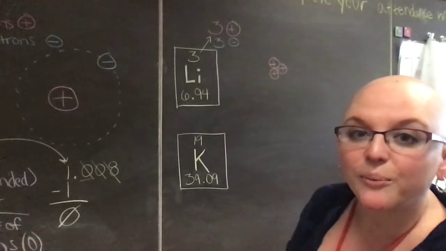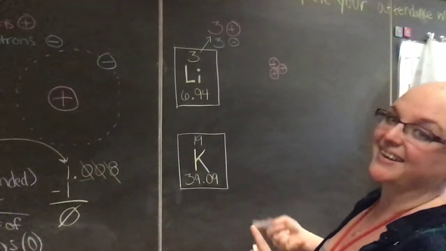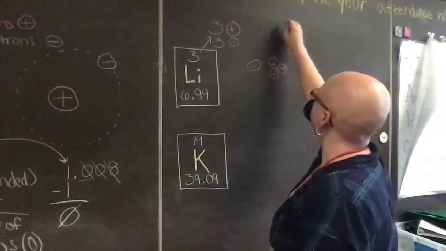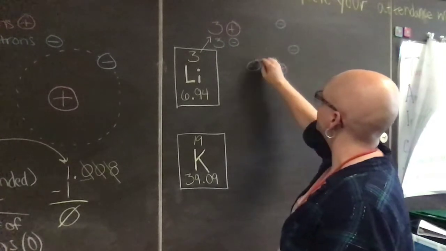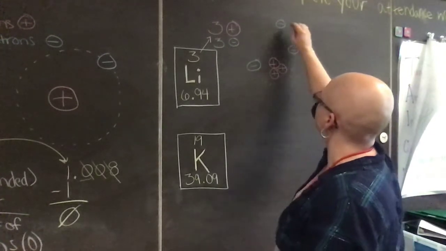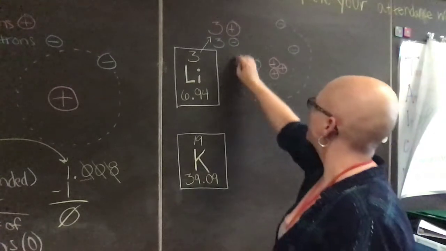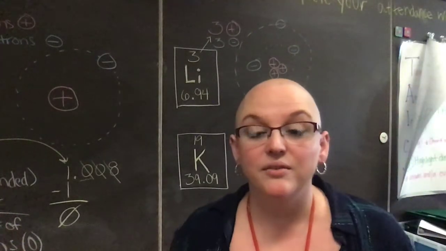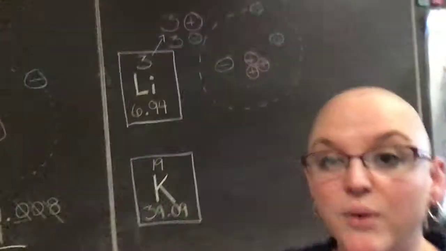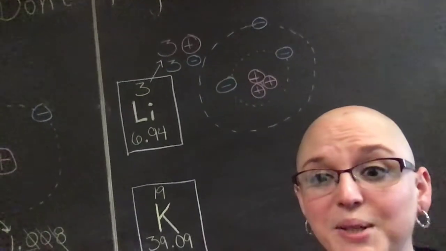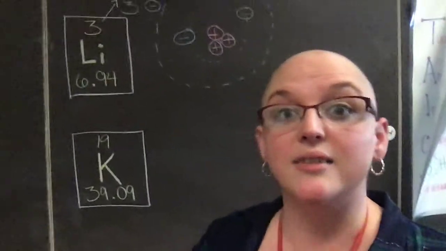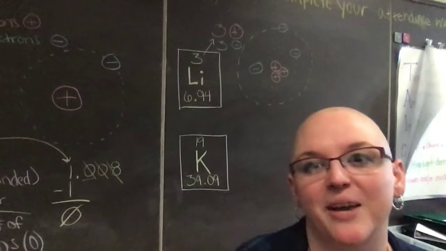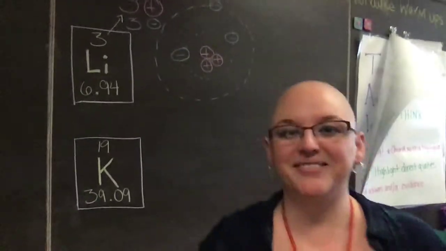And I'll start putting my electrons around the outside in the rings. Ta-da! Am I done though? Is this now complete? It absolutely is not. We need our neutrons. So, let's go ahead and do that math, shall we?